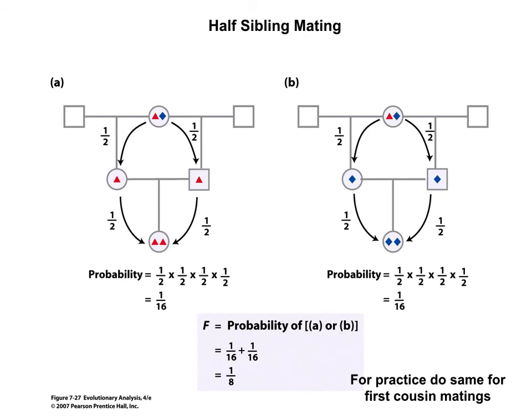We know that in the human population, all of us have a couple dozen deleterious recessive alleles that are just hiding out in the heterozygous form. We don't know about them. We carry them, but we're not affected by them because they're recessive. But when we start looking at inbred populations, those recessive alleles start coming together, and we can see the effects of that, and we call that inbreeding depression.